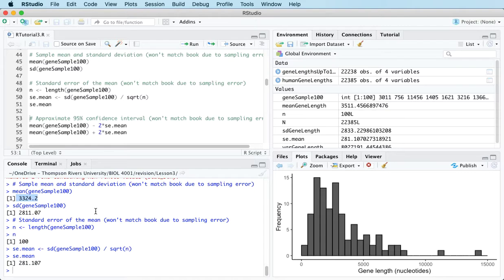In the next video, I'm going to show you how to combine this sample mean with this standard error and come up with an interval that will give us a certain amount of confidence that the population mean is in the interval. So that's what we'll do in the next video.